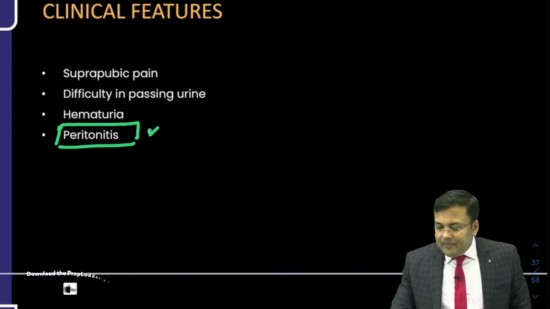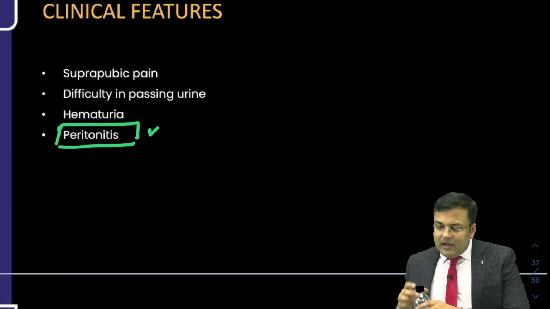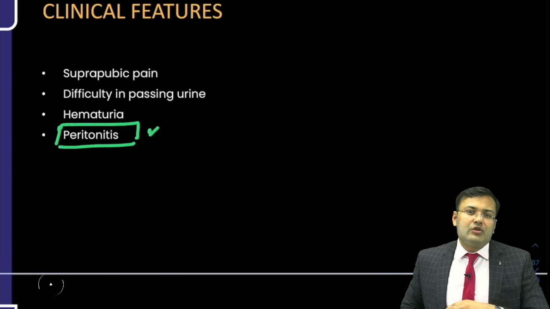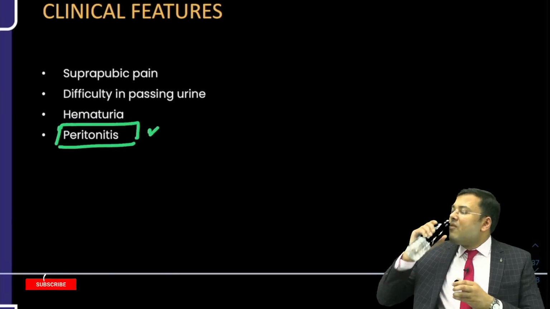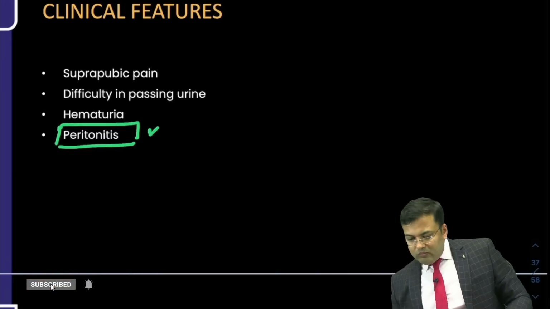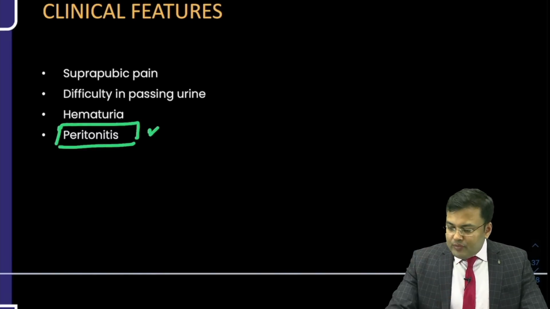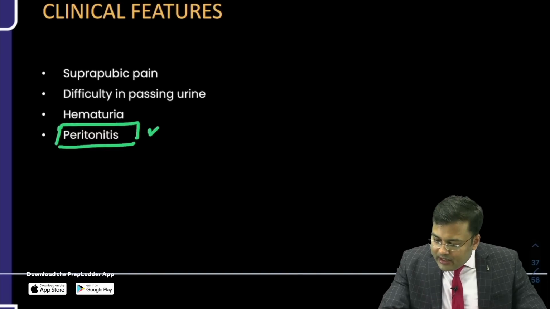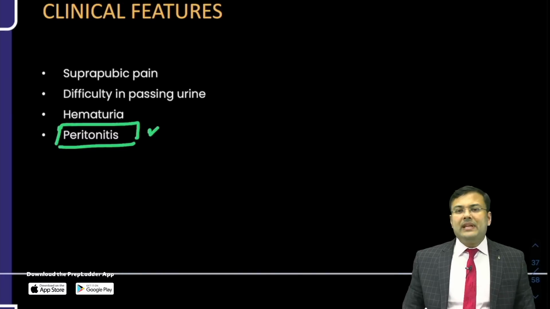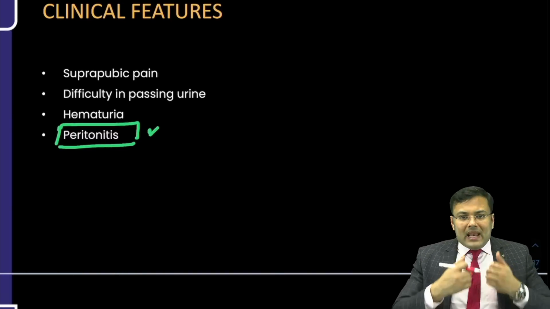Now you tell me, if urine is there in your peritoneal cavity, what should be the treatment? Tell me guys, I'm waiting for your response. You have to clean. You have to perform the lavage. Very good. Adiba, Vikas Chaudhary, Tanya. Most of you are telling me the correct answer that we have to perform laparotomy.